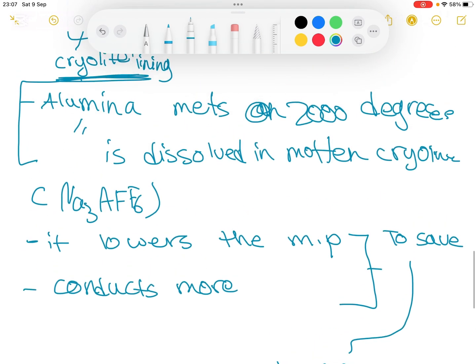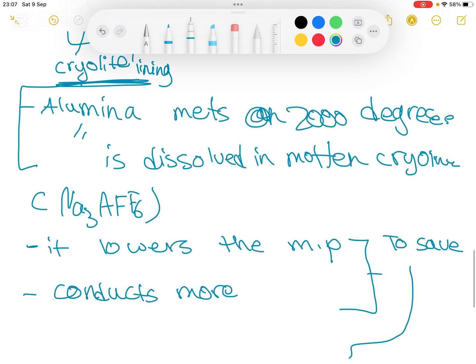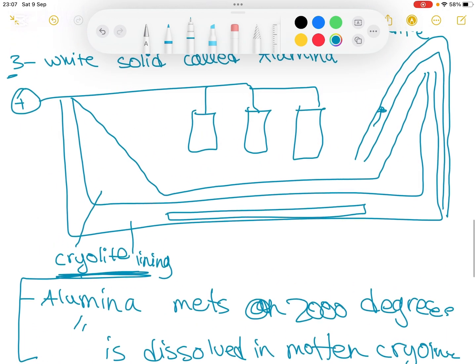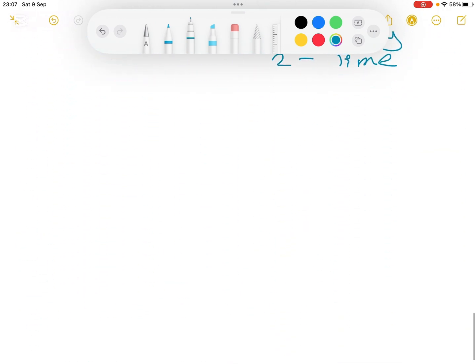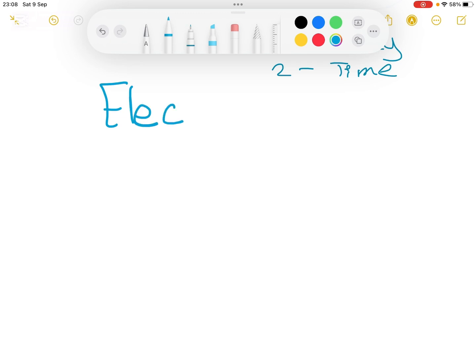Electricity is passed and electrolysis begins. Electrolysis, as we know, is the decomposition or the breakdown of a compound using electricity. Since this is electrolysis, we have some products formed at the cathode and some others at the anode.